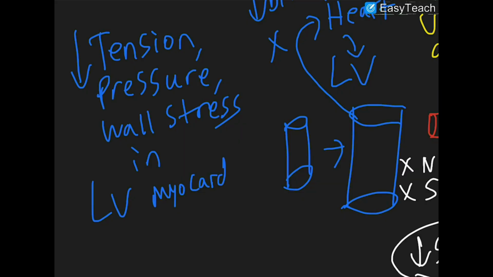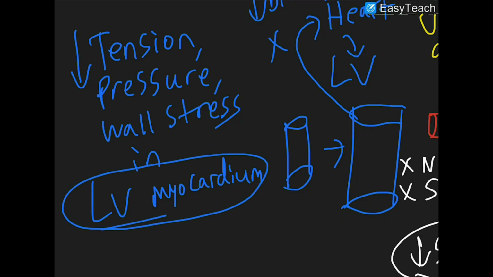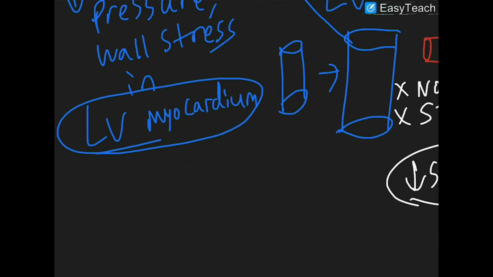Okay, so because you reduce the stress, you reduce the pressure, you reduce the wall tension, your left ventricular myocardium now is going to be able to beat better. If the wall stress decreases, if the wall tension decreases, if the pressure that left ventricular myocardium faces is decreased because of less blood entering the left ventricle, then that means that the demand, you just decreased the demand.